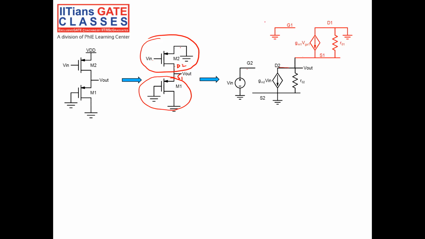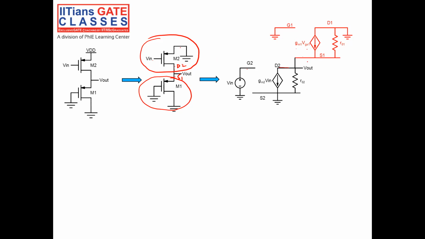And gate is grounded, G1 is grounded. The small signal current is nothing but GM1 into VGS1, and the resistance from source to drain is R01. So this is my small signal equivalent model.